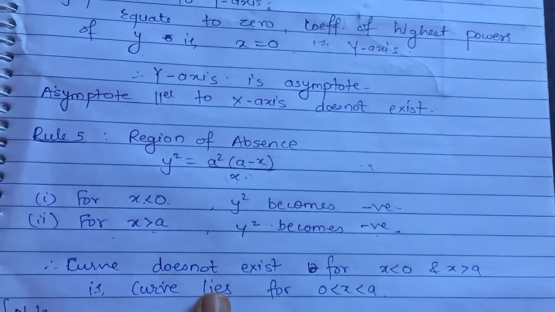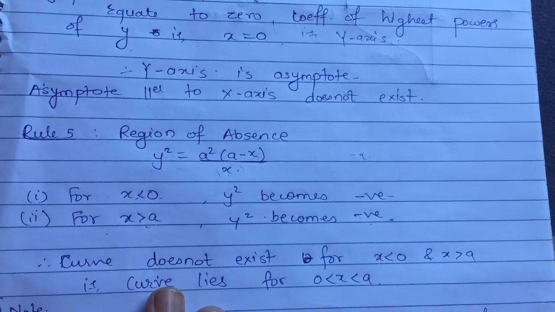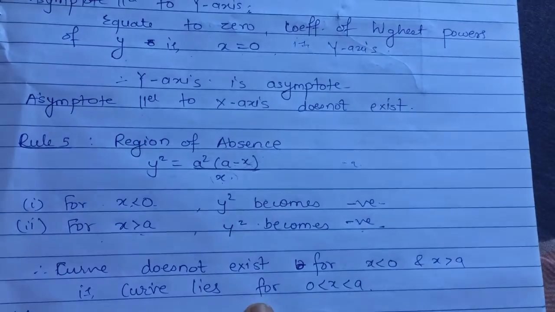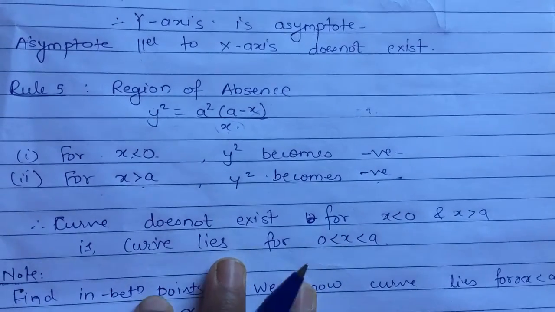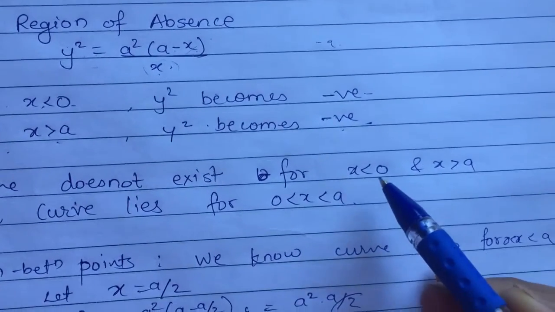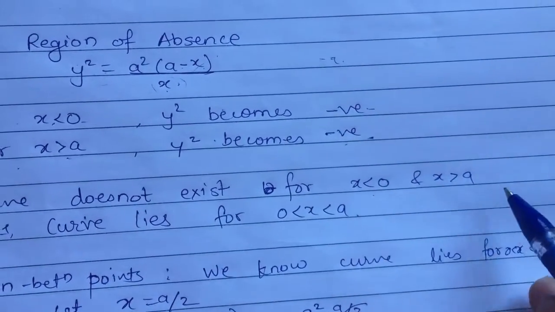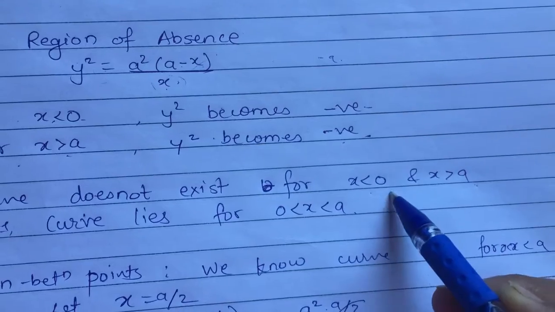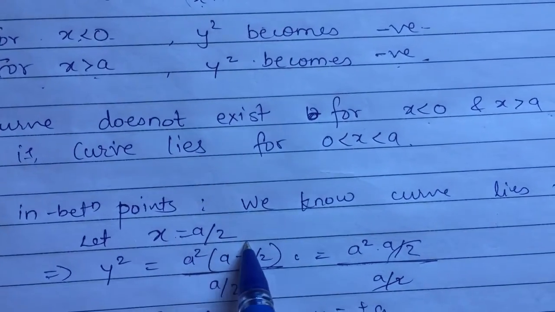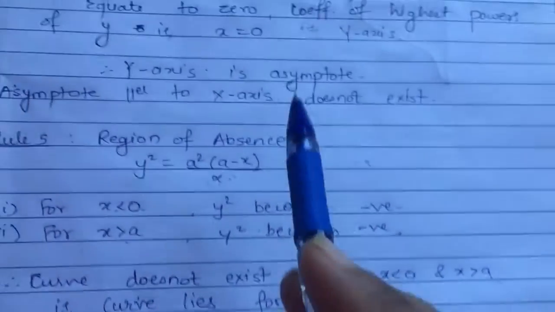Okay. Now we need to draw the curve. These are enough points to draw the curve, but for accuracy, we will find the middle point. Now we know that the curve exists from 0 to a. So let's find out the point for x is equal to a by 2. So let x is equal to a by 2 put in the given equation.